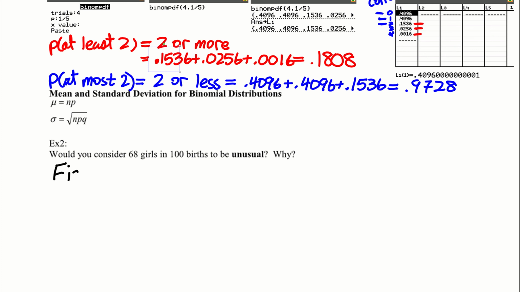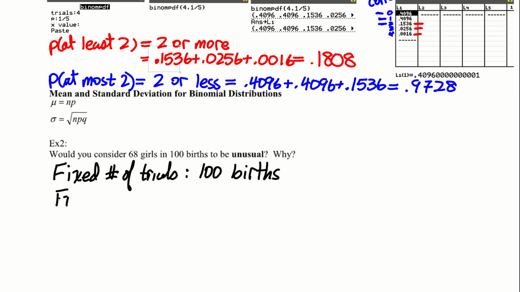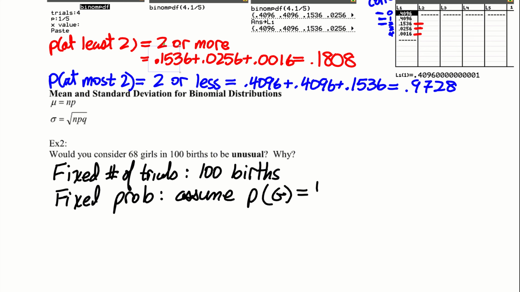Fixed number of trials (100 births), fixed probability, so we assume probability of getting a girl is 1/2.